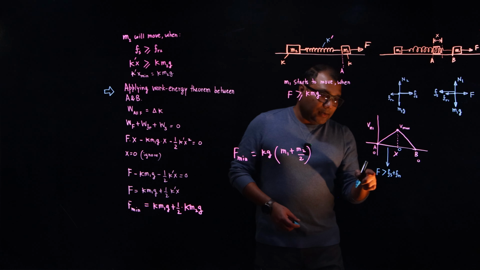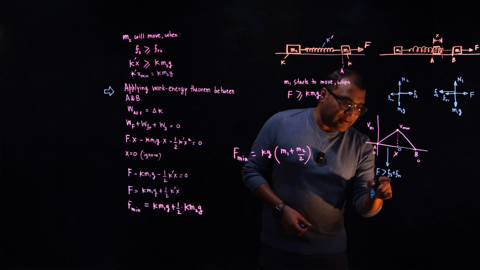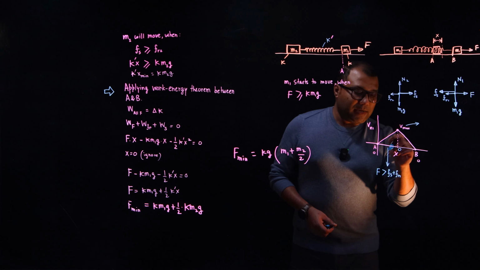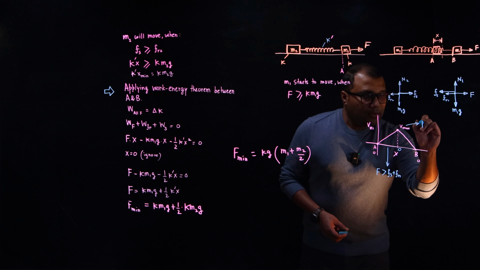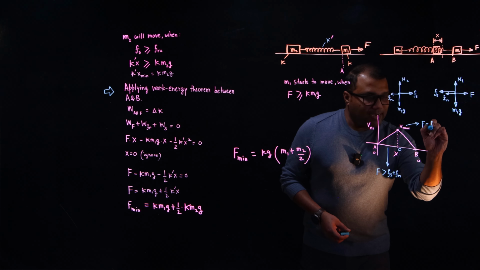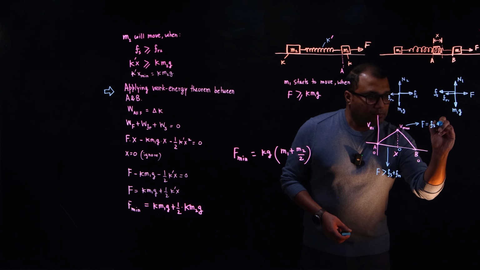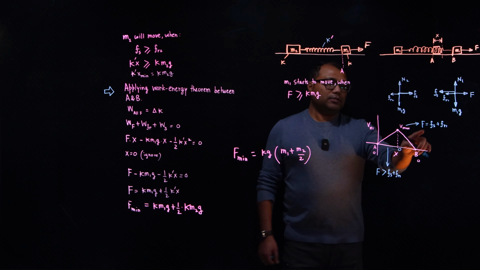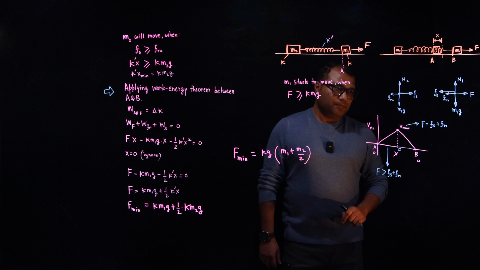Now as x is growing, Fs is growing. At V max, when the maximum velocity is reached, force F is exactly equal to the spring force plus the friction force.